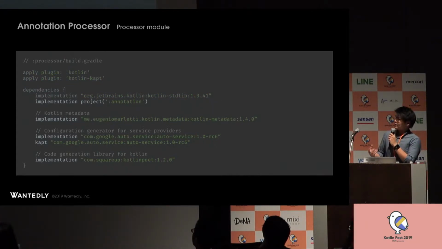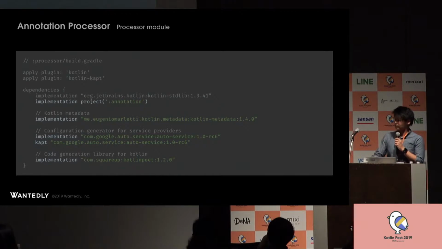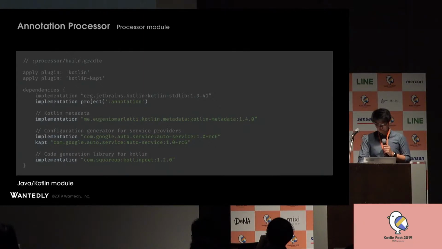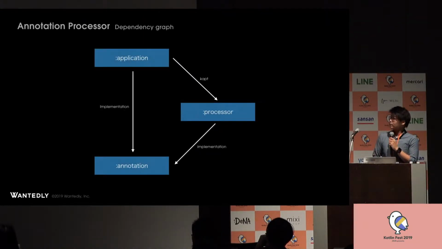We will also add the dependency to the annotation module and also a few other libraries that will help us build our processor. I will explain the usage of each one of them later. Also note that this processor module also needs to be a Java or Kotlin module instead of an Android module. And this is the dependency graph that we should have for our annotation processor.